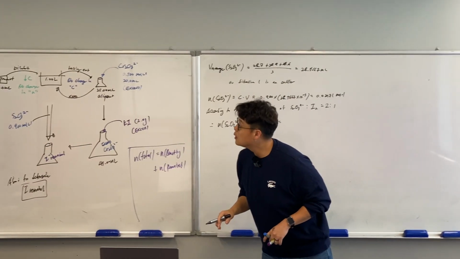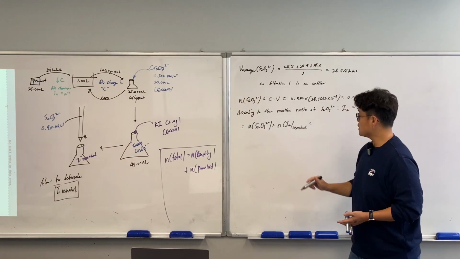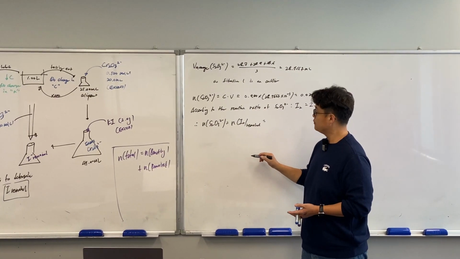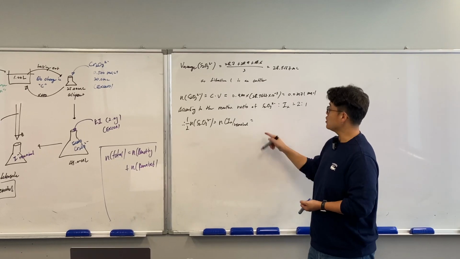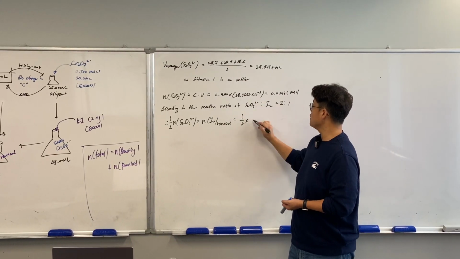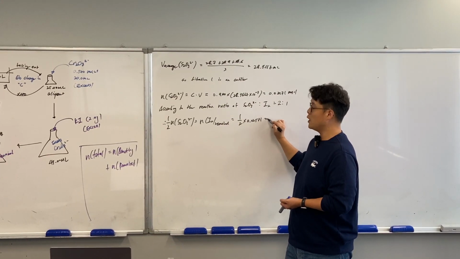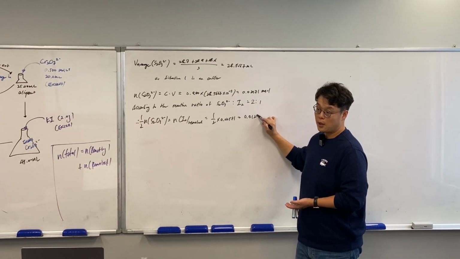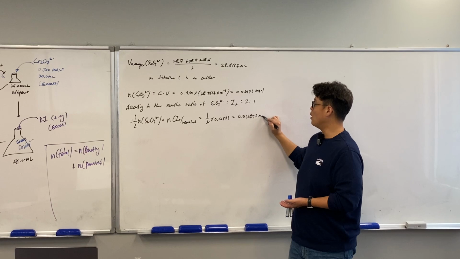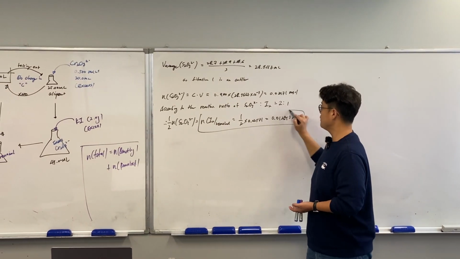So yeah, 2 to 1. So that would be half times that given, 0.02571. You get 0.012853 mole of this.